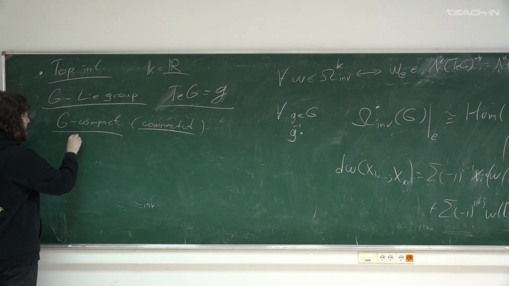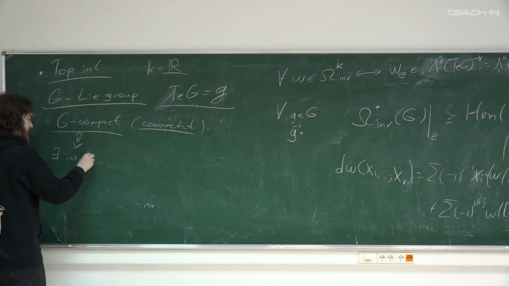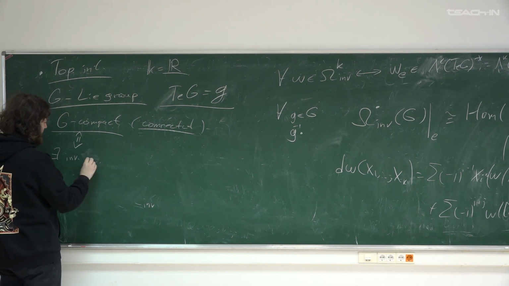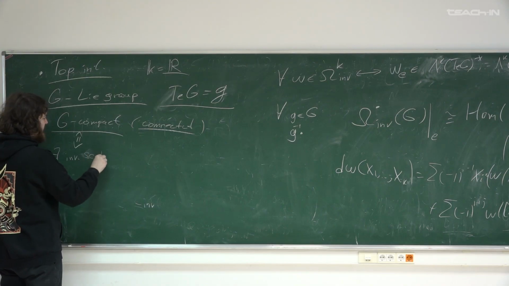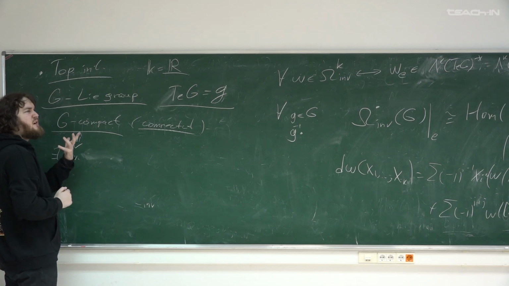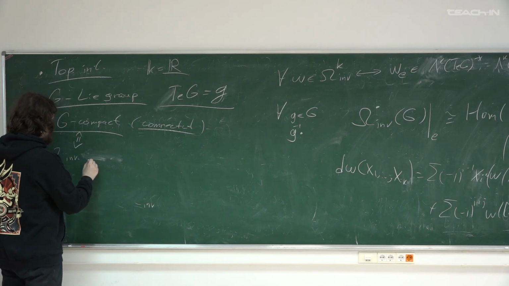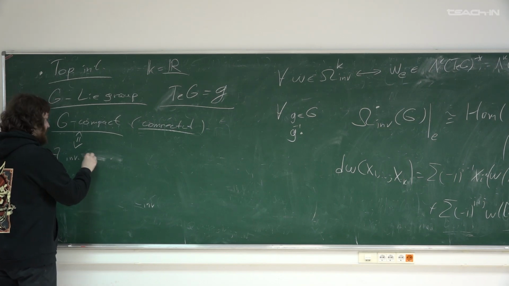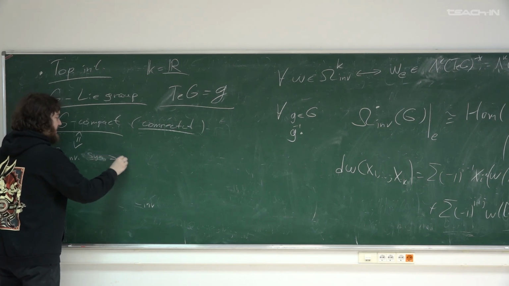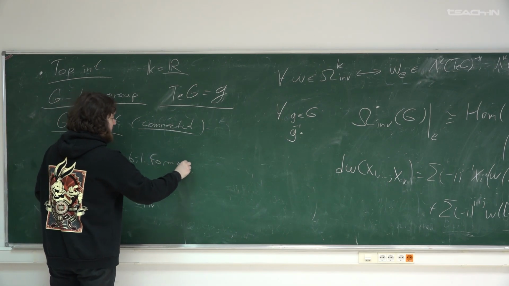It exists if and only if there exists an invariant scalar product. Invariant Euclidean, invariant symmetric, positive definite bilinear form on g.